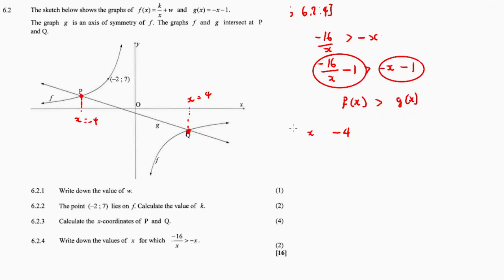Whenever x goes from minus 4 to the right, meaning I'm going to the positive numbers until I reach 0, that's where f is above g. So therefore x is an element of minus 4 excluded. At these points the graphs are equal, but I want where f is above g.